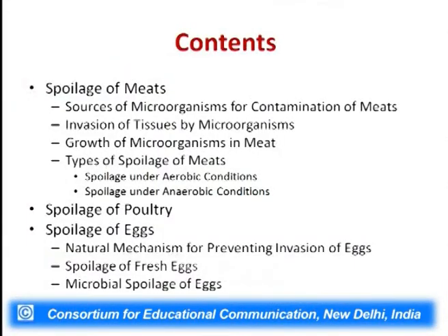Now, in continuation with the spoilage of foods, I will talk about the spoilage of meats, poultry and eggs. In my lecture, I will be talking about sources of microorganisms in meats, invasion of tissues by microorganisms, then growth of microorganisms in meat, and types of spoilage of meats, that is, spoilage under aerobic conditions or under anaerobic conditions.